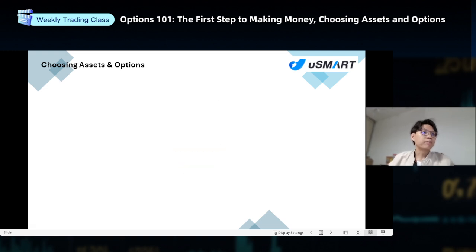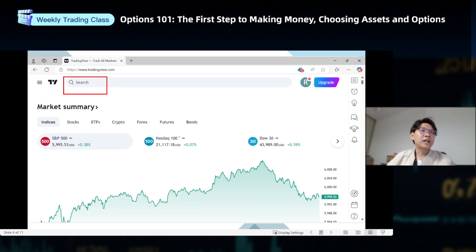Okay, so first of all, open up TradingView, tradingview.com. This is the best free, publicly accessible website that allows you to make your technical analysis and do screening across all the markets.